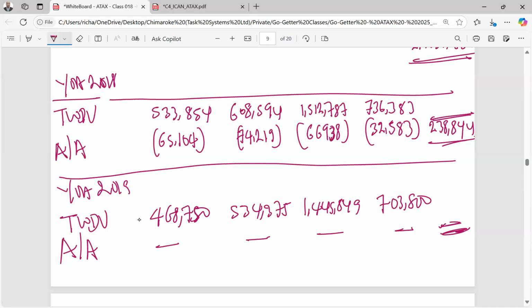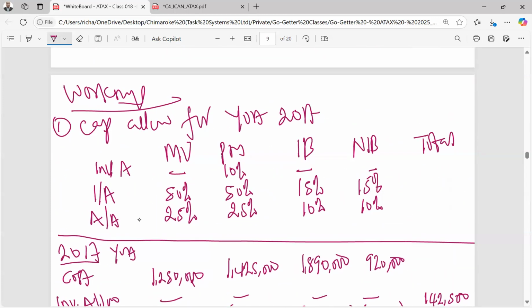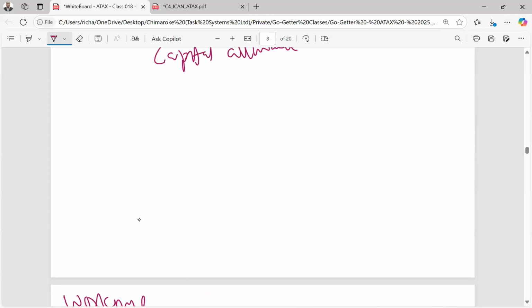It is from 2020 that you are going to give the full year capital allowance without prorating. Remember in 2018, we prorated for 5 months. In 2019, we gave no capital allowance because it is the same basis period as that of 2018. And so there will be no capital allowance here.